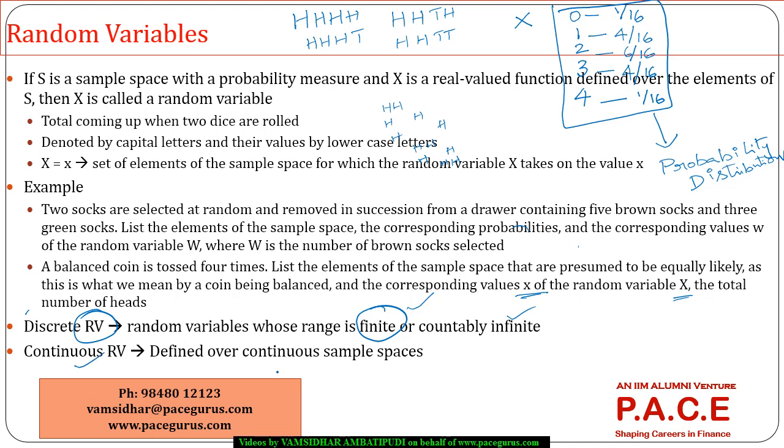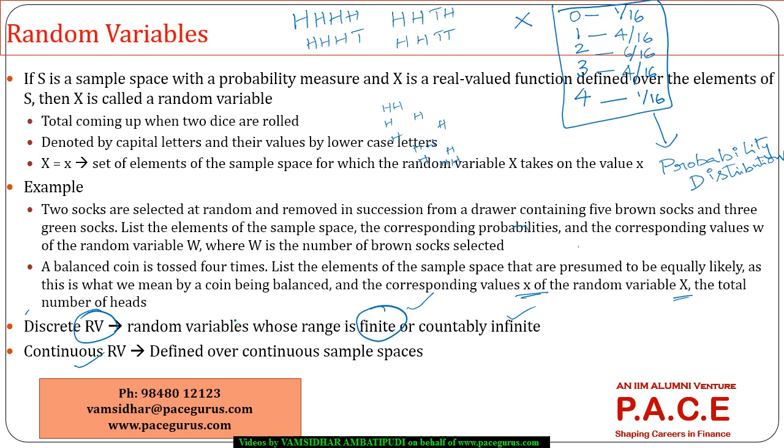Whereas coming to a continuous random variable, the whole thing is defined over continuous sample spaces. The number of values that a random variable can take is literally infinite. So that's the one basic understanding that we need to have with random variables.